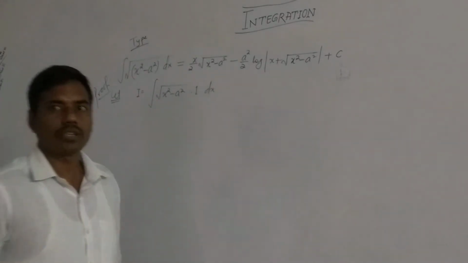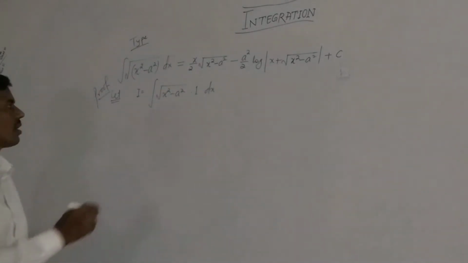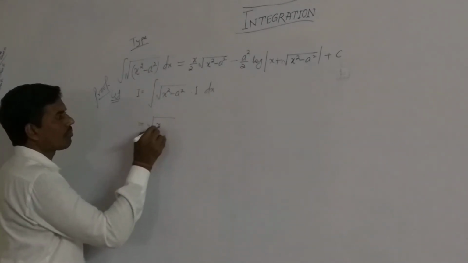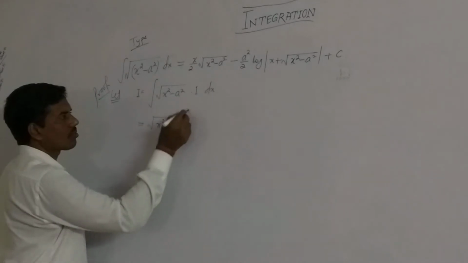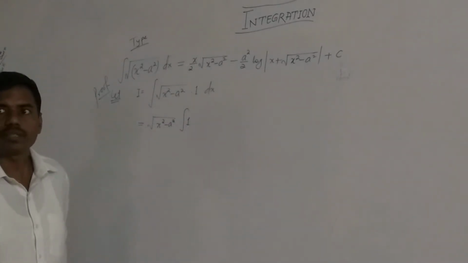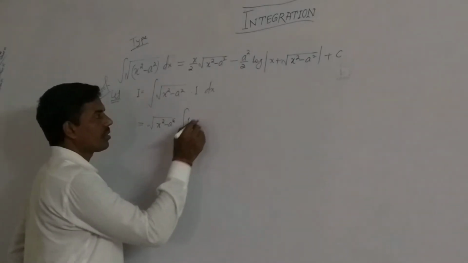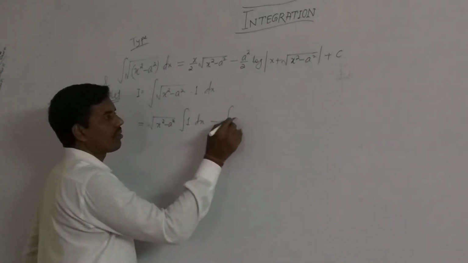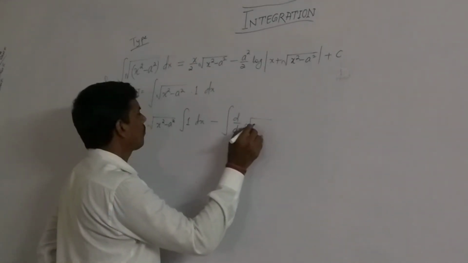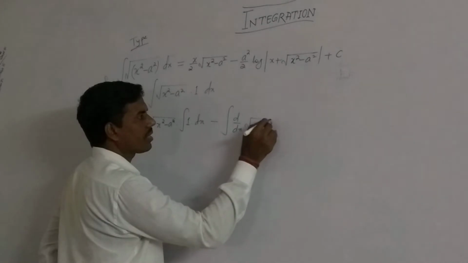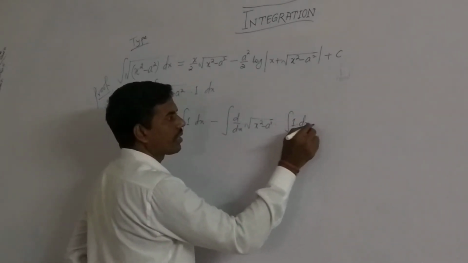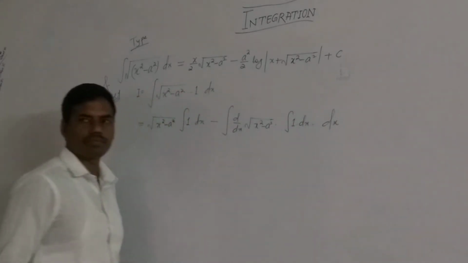So applying the product rule of integration, you can write u, that is under root of x square minus a square, into integral of v, our second function, that is 1 dx, minus integral of d by dx of u, that is under root of x square minus a square, into integral of 1 dx, dx.